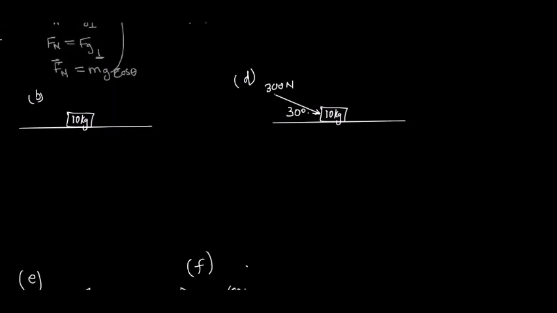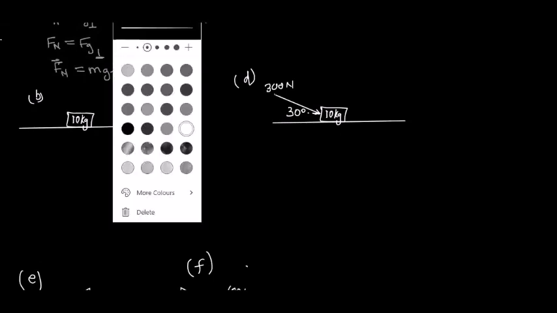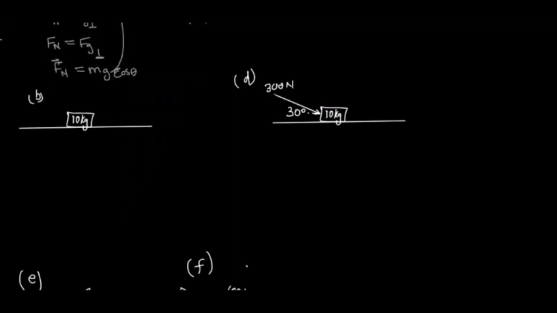First thing, the forces in the vertical are what we look at. We only look at forces perpendicular to the surface to calculate the normal force, because the normal force is perpendicular to the surface. So the forces are Fg perpendicular and the normal force.